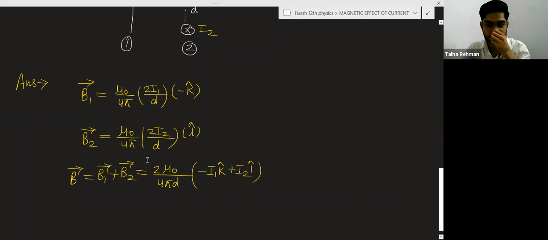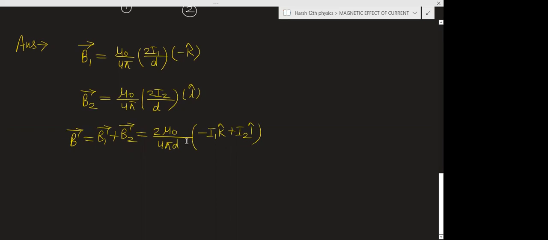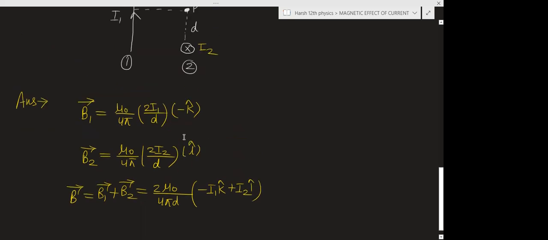So minus I1 into k cap plus I2 into i cap is the whole direction of the magnetic field. So this is your answer.